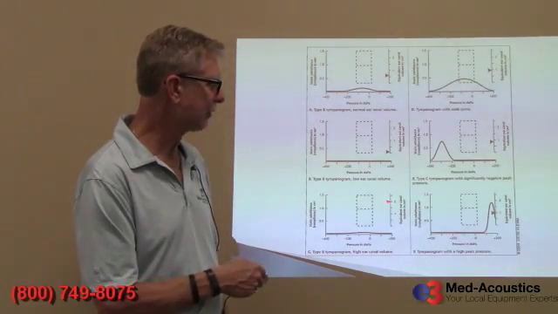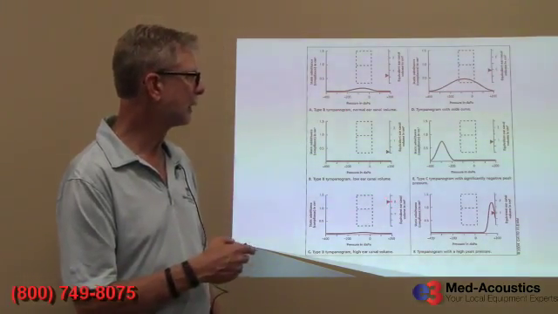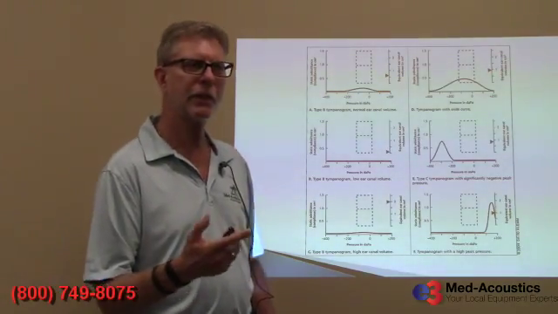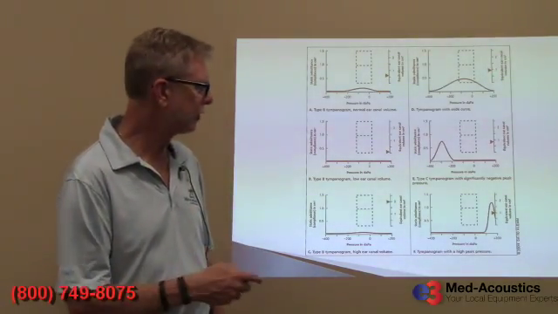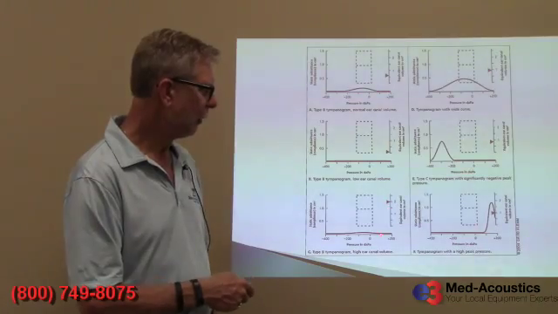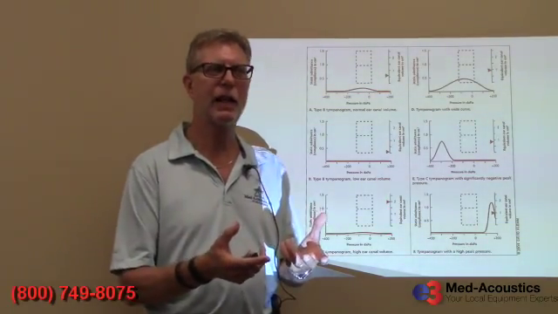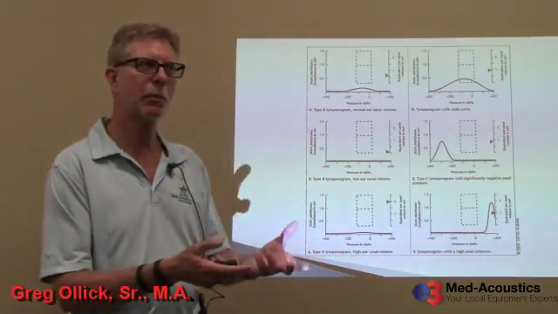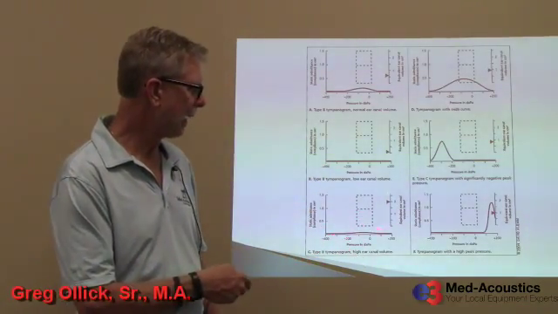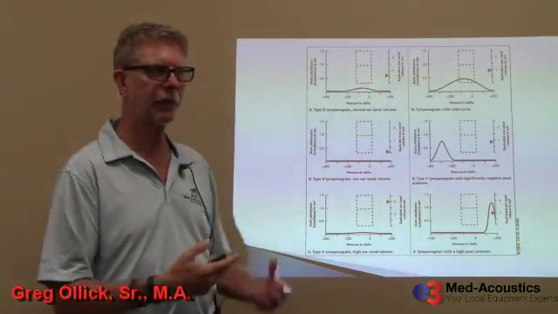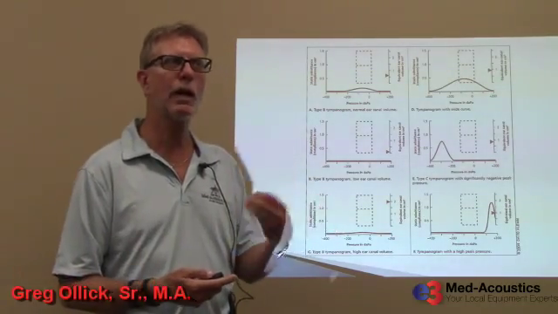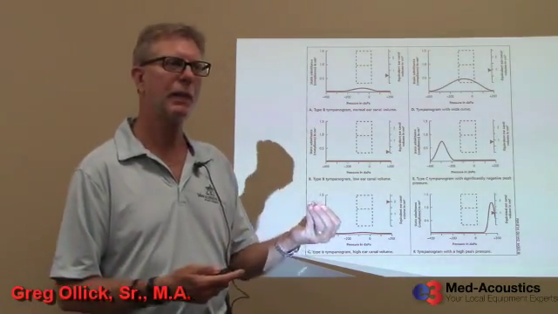If this was a pediatric patient where we expect a normal ear canal volume of less than 1 cc and we get 2 cc's, well, we're probably measuring the volume of the ear canal and the volume of the middle ear, both indicating the flat tympanogram, indicating that there is a perforation or a patent tube in place.